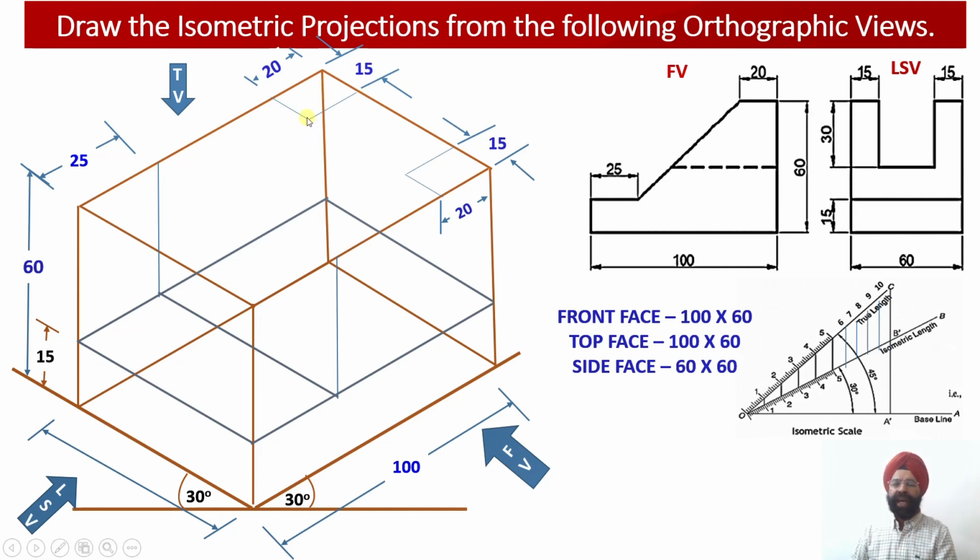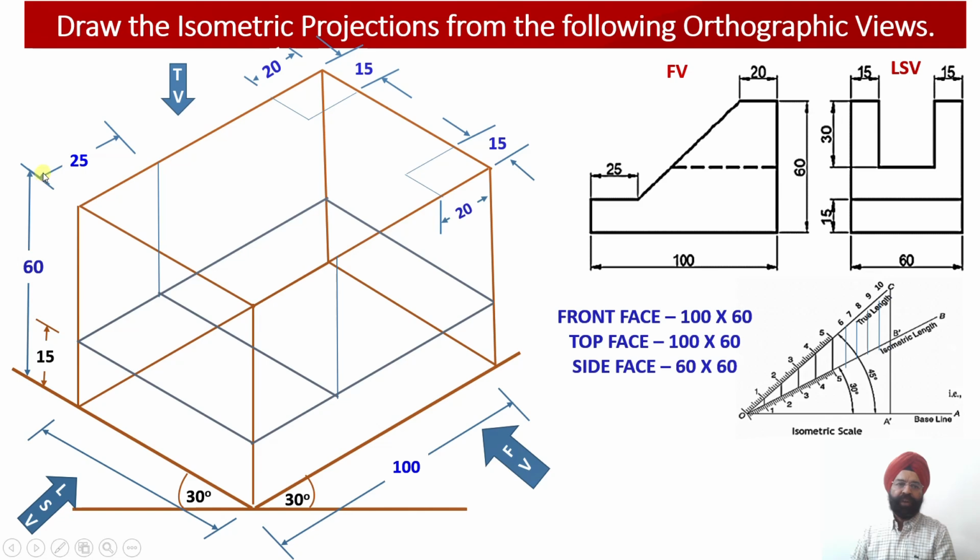Now I know that from this point, that is from this corner, my web, which is a slant web, is going to start from this point. It will be ending up at a point at a distance of 15 millimeter above the base, or at the top of the ring, we can say, at a distance of 25 millimeter from this particular front face.